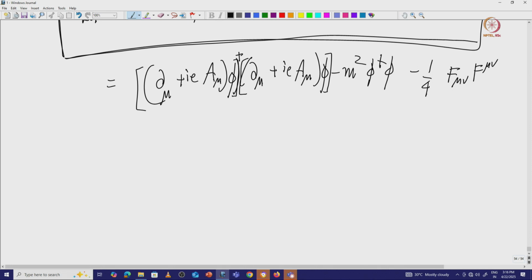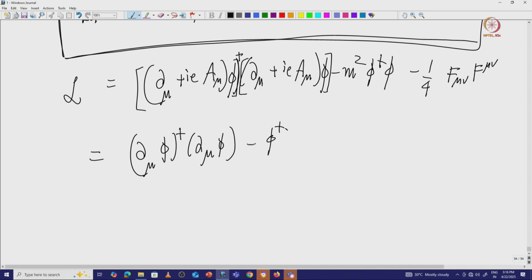You can do this exercise. This Lagrangian is equivalent to del mu phi dagger del mu phi, plus i e phi dagger del mu phi A mu, and also another term, i e squared phi dagger phi A mu, and there are a lot of other terms.